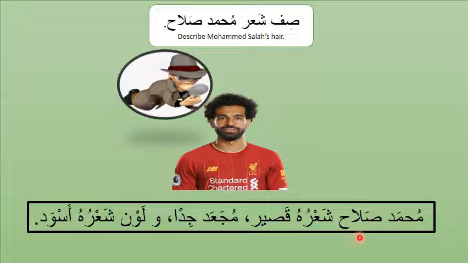So Mohamed Salah's hair is قصير, which is short, ممتاز. And then we put a comma. مجعد جدا, very curly. جدا means very and comes after the adjective. مجعد means curly, so very curly. ولون شعره أسود. His hair color is أسود, black.